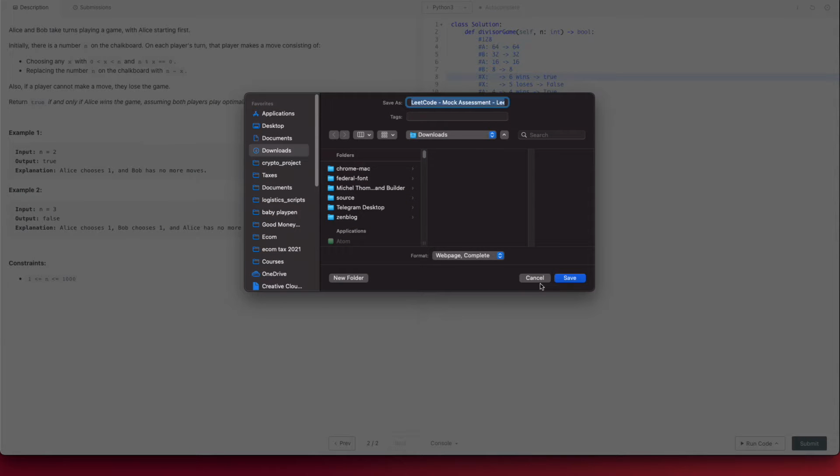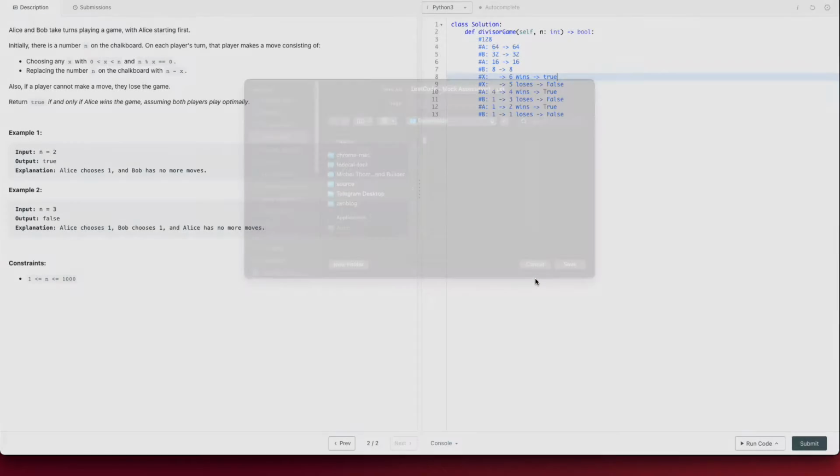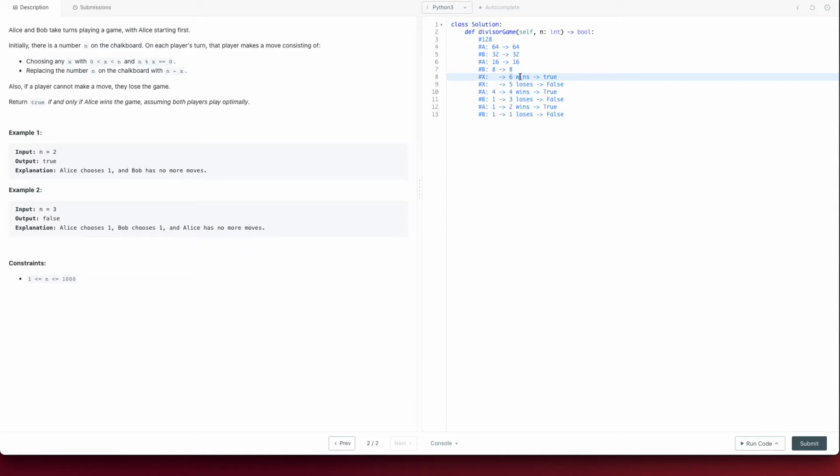True. The reason is that this player can pick 3, forcing the other player to lose. So basically, I scan this, and if there's anything in here that allows the other person to lose, then that means I win. But if there's nothing that I can choose scanning this, like modulo, if I can't force the other person to lose, then what?